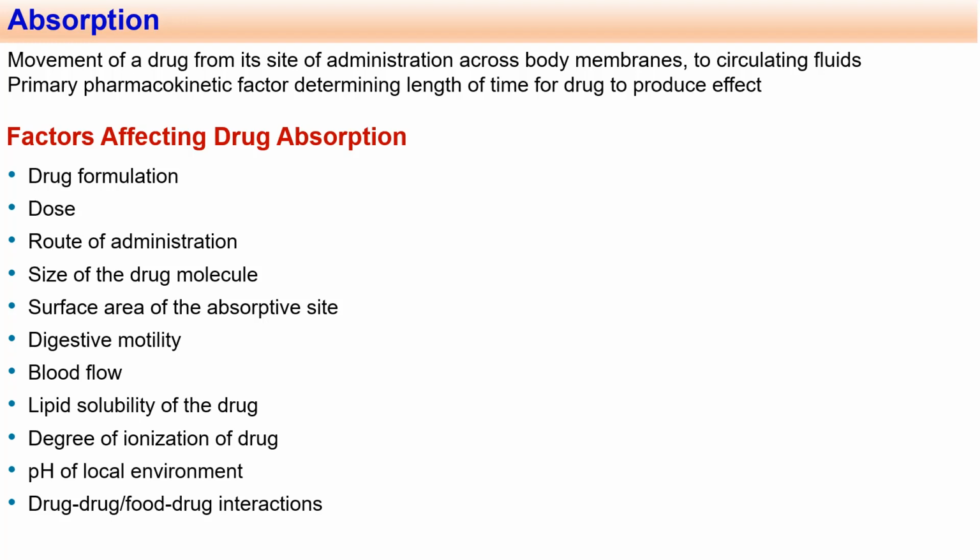How strong, how intense is the effect or the drug response? So the route of administration affects both rate and amount of absorption. The route of administration is either PO, oral medication, IV, enteral, parenteral, and so forth.